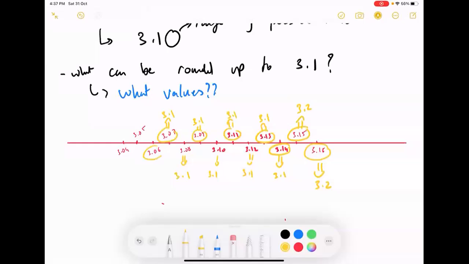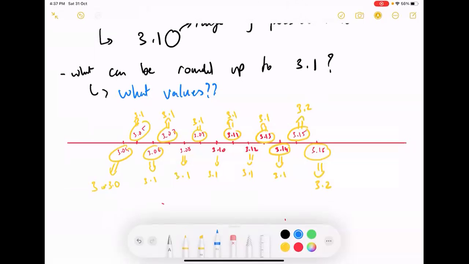3.14, and then what about 3.07? 3.1, then 3.06. That'll be 3.1. 3.05 is okay, 3.1. What about 3.04? 3 or 3.1, which is correct?